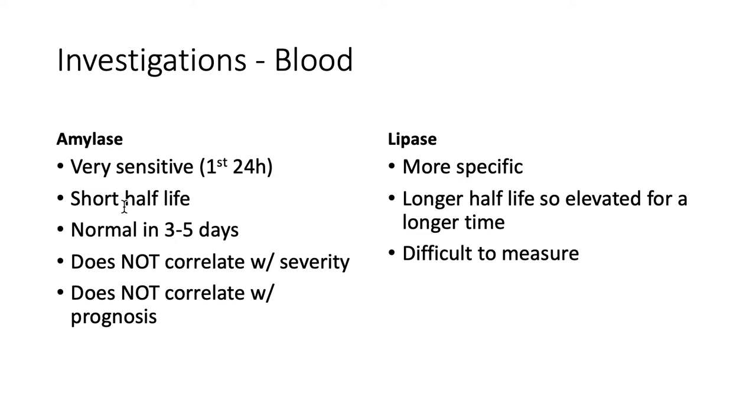No. Perfect. It has to be a 3-time upper normal limit in order to consider the diagnosis of acute pancreatitis. If it was lower than three times upper normal, then this is not the level of pancreatitis.